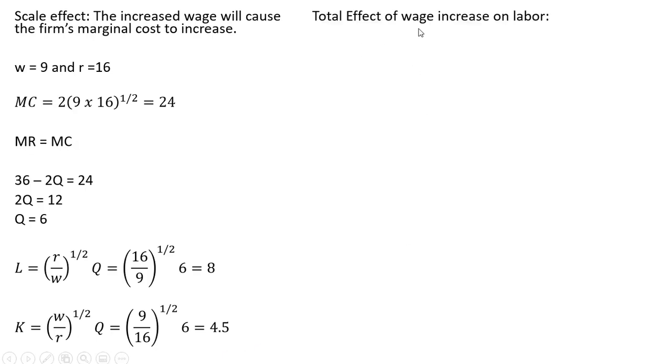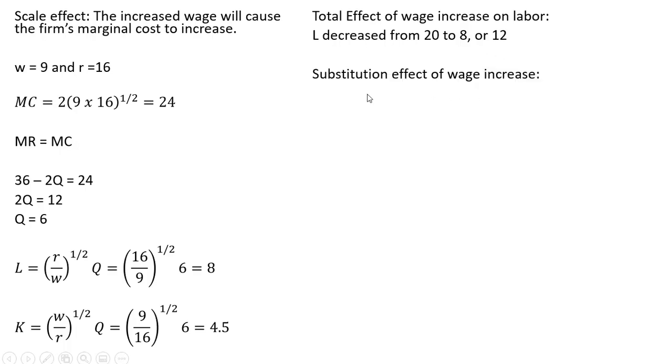So the total effect of the wage increase on labor, we notice here L decreased from initially 20 to 8. We found 8 right here. So the total effect from the wage increase caused the firm to use 12 fewer units of labor. So the substitution effect of the wage increase is going to be 20 to 13.33 or 6.67 units.